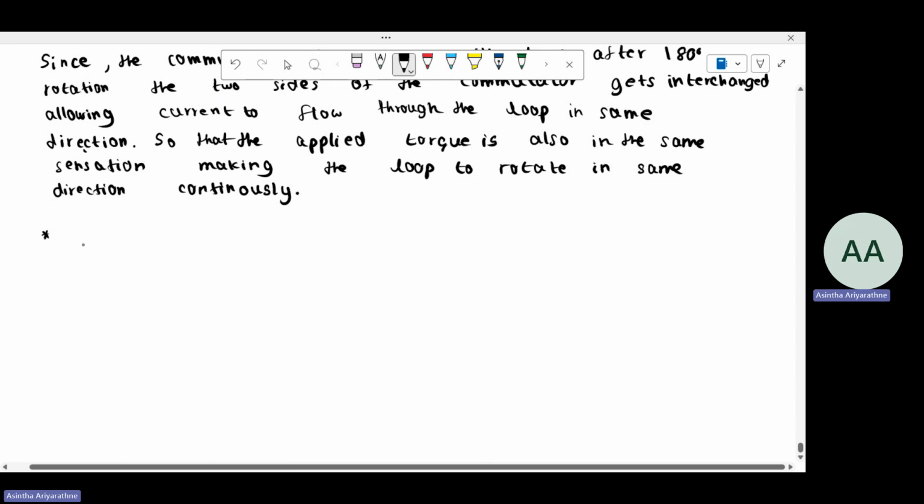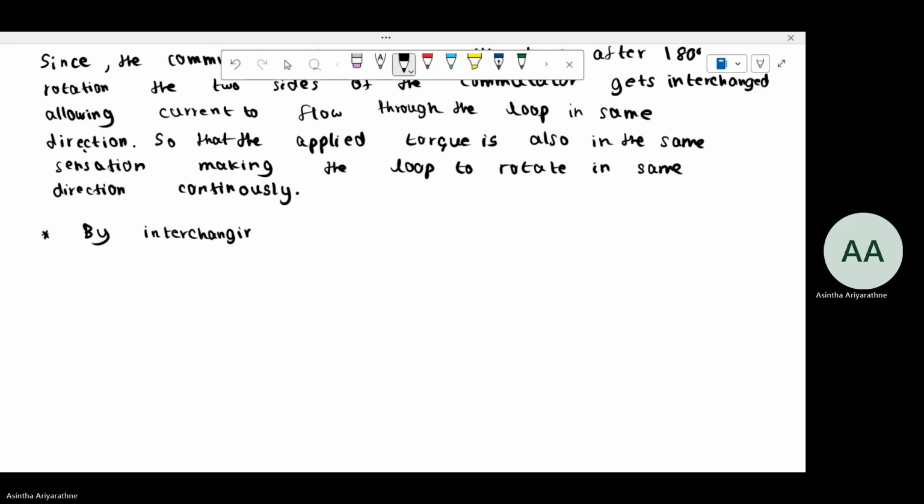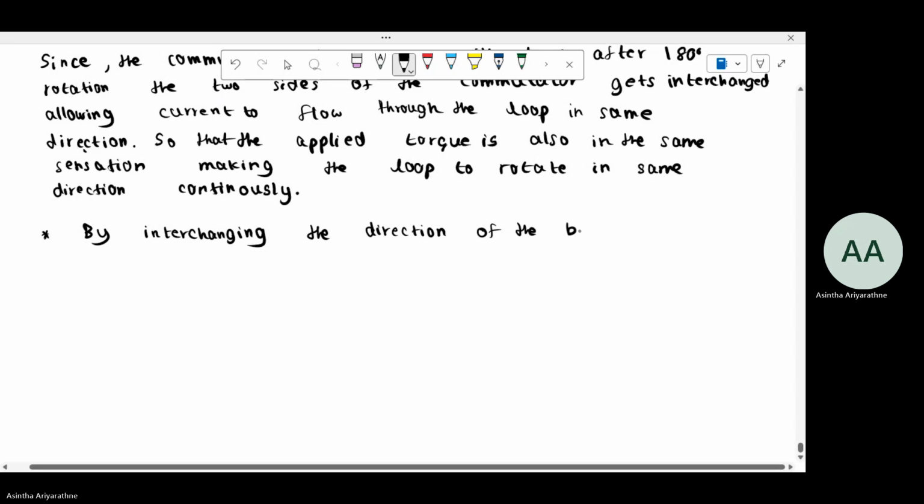By interchanging the direction of the battery, the direction of the rotation can be changed.